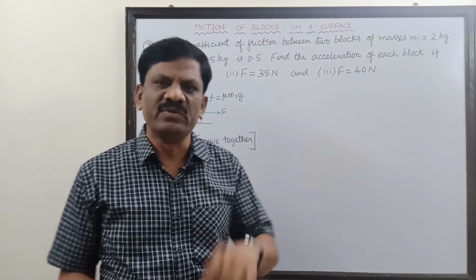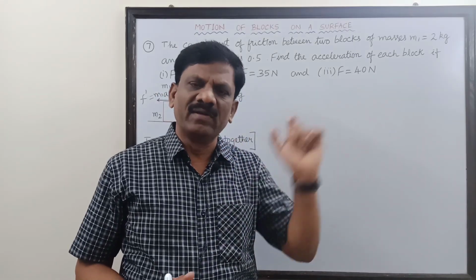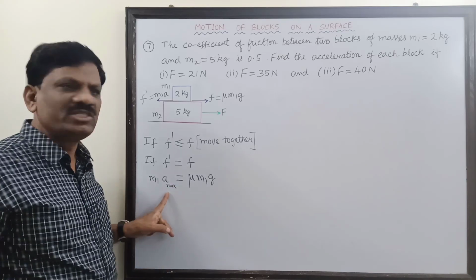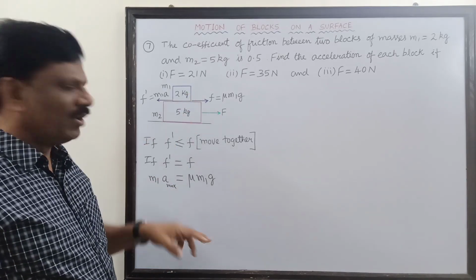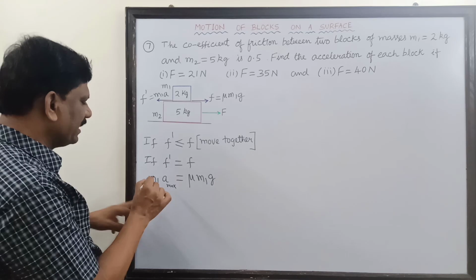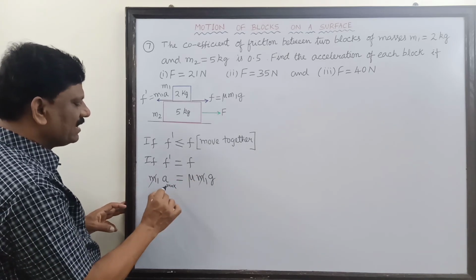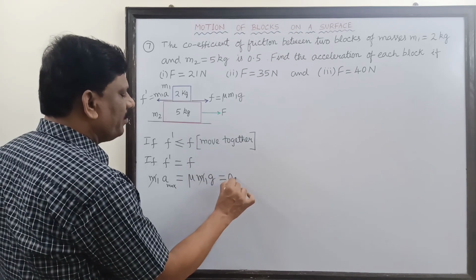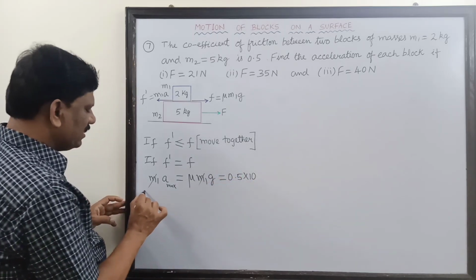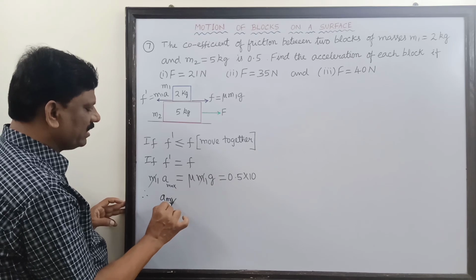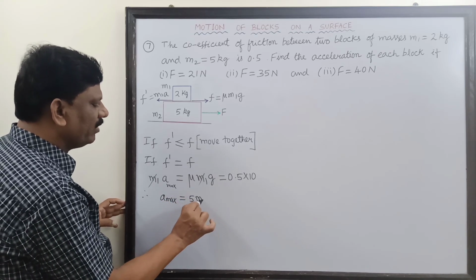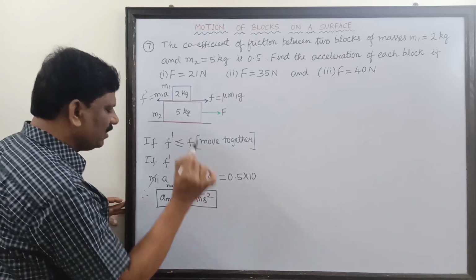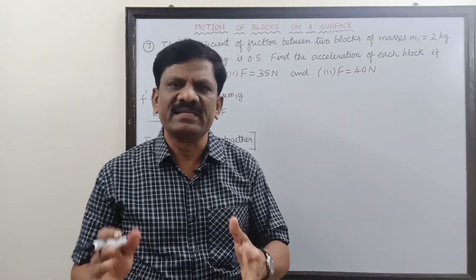When the pseudo force is exactly equal to the frictional force acting between the two surfaces, then the acceleration of the 2 kg block will be maximum. So cancelling m1 on both sides, the maximum acceleration is equal to mu into g, that is 0.5 into 10. Therefore, A maximum is equal to 5 meter per second square.